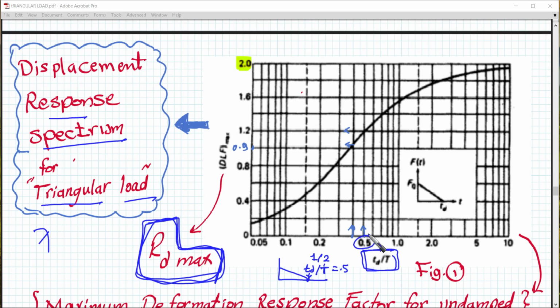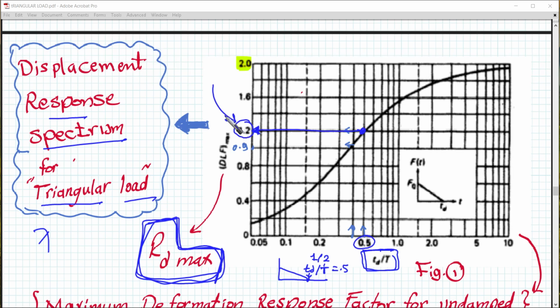In this case, we found that at 0.5, the value of the displacement response spectrum is going to give us the value of RD maximum to be 1.2. Again, what is the meaning of 1.2?